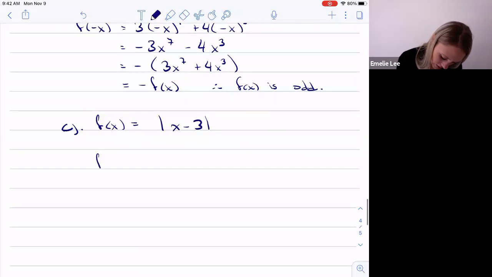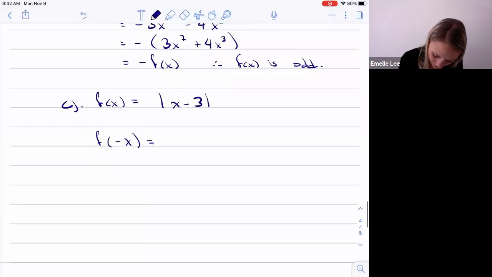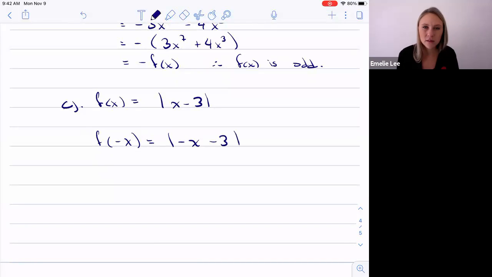And so we take f of negative x, which is negative x minus 3. I can manipulate this and pull out a negative, but the negative stays inside the absolute value, right? And so if I pull out a common negative, I get negative x plus 3. So that doesn't really get me anywhere compared to the absolute value of x minus 3, right?